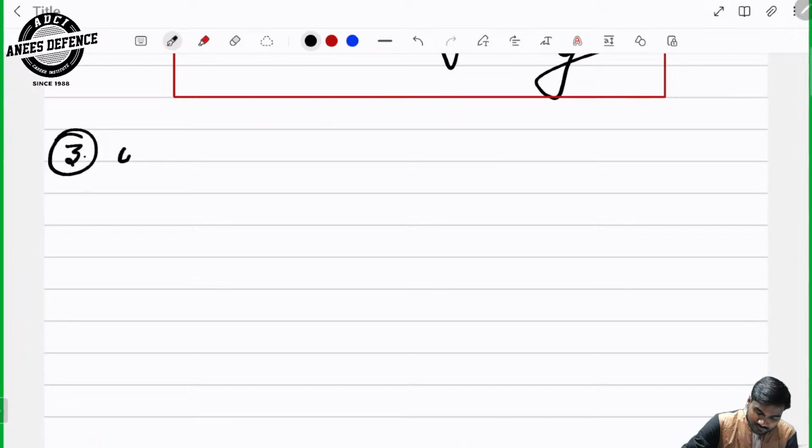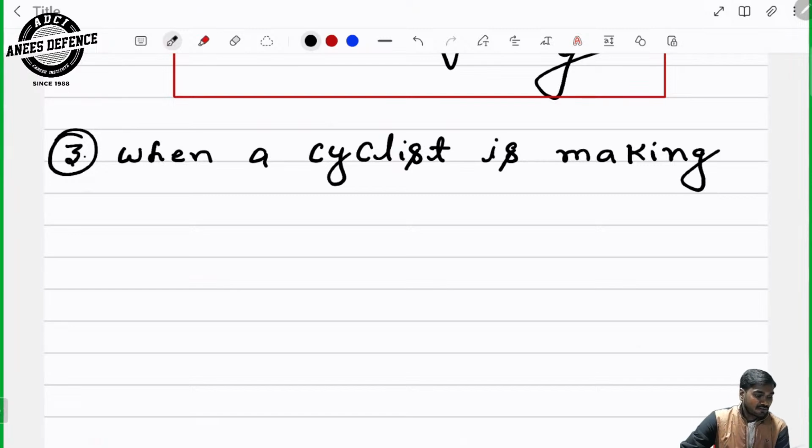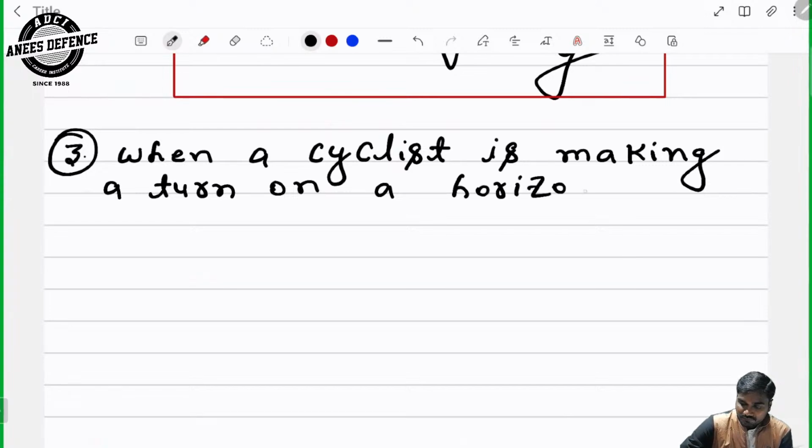When a cyclist is making a turn on a horizontal road.